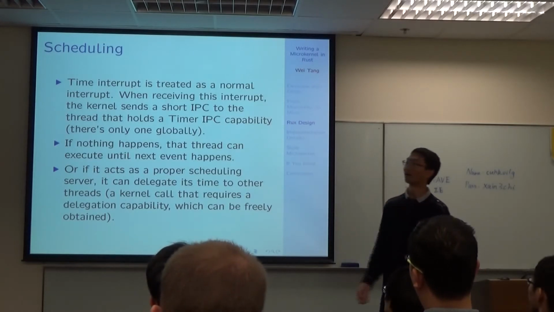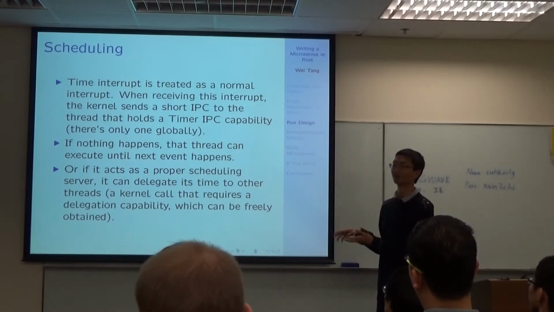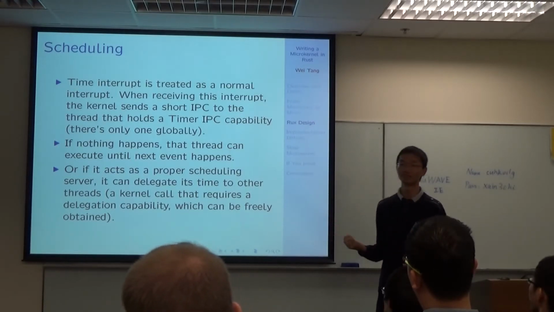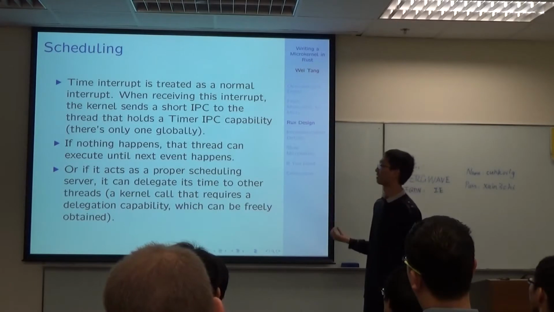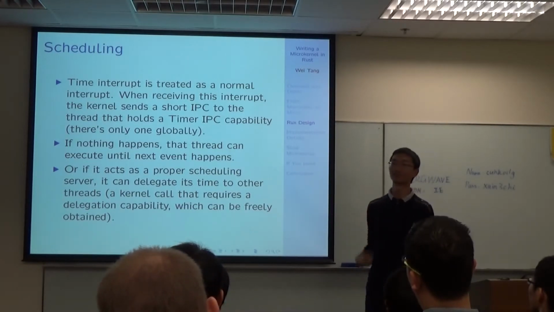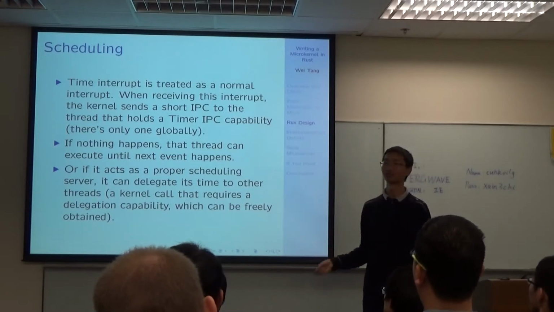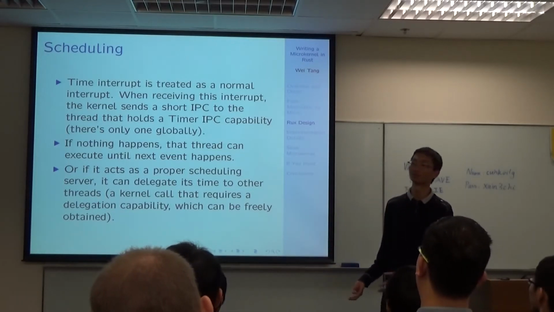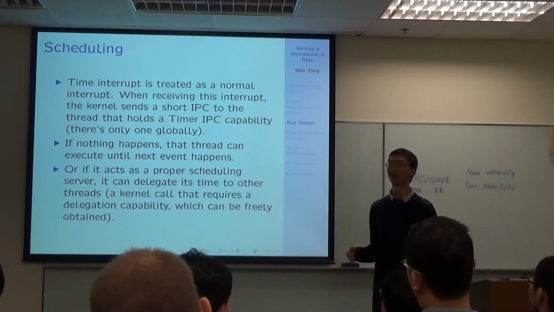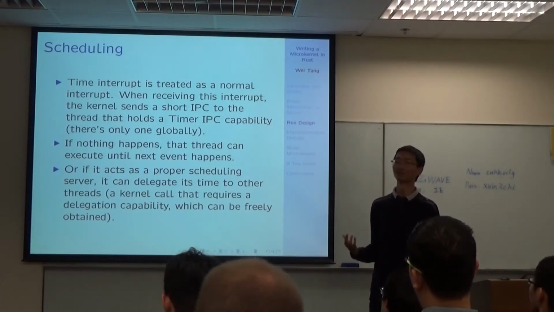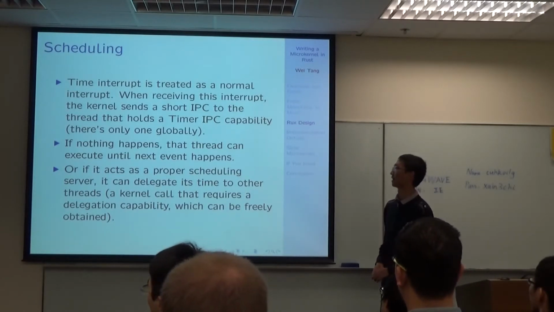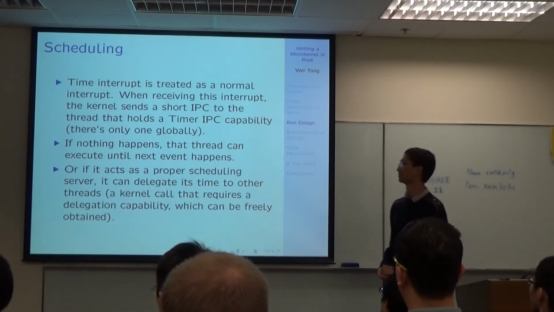So I send this IPC to a thread that has some specific capability, like the timer IPC capability, and then it gives all the time control to this specific thread. So this thread now has all the time, and if nothing happens, that thread can execute until the next event happens.